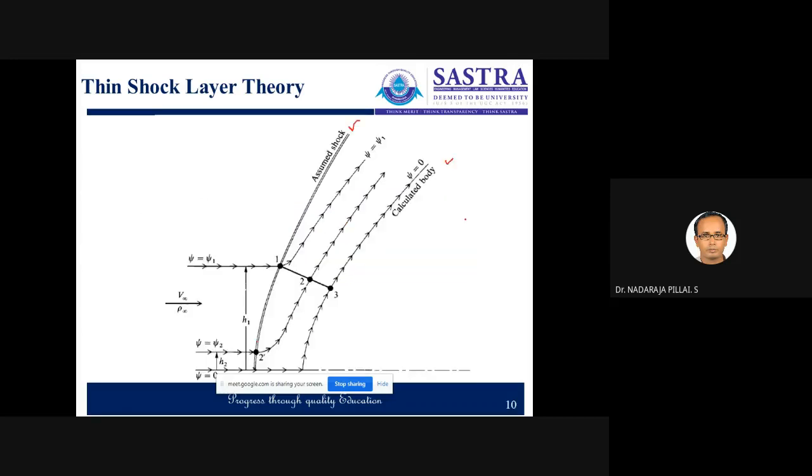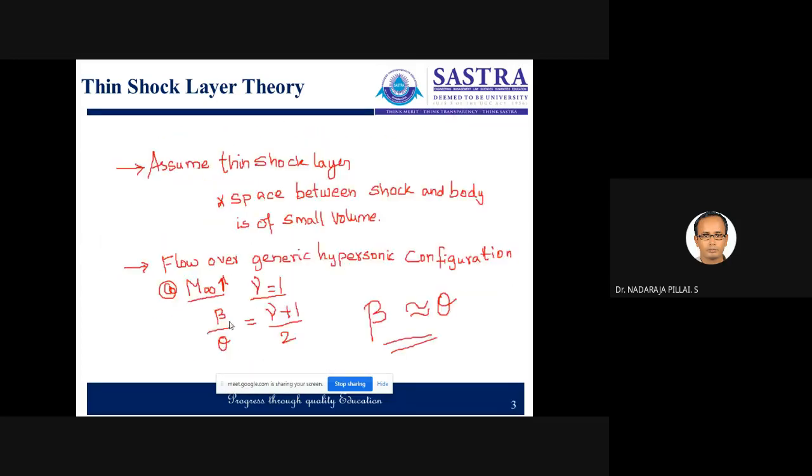With the streamline from point 1 to 3 and ψ_1 and all these things, we will discuss in the next class, right? So this is very simple. Initially, we will have a summary of the thin shock layer theory.